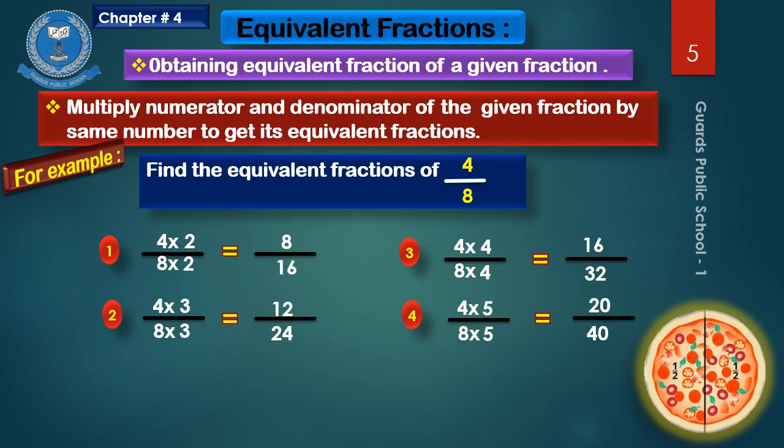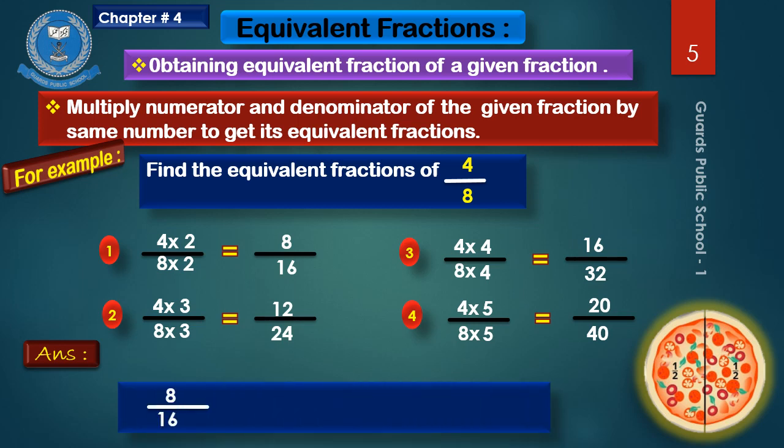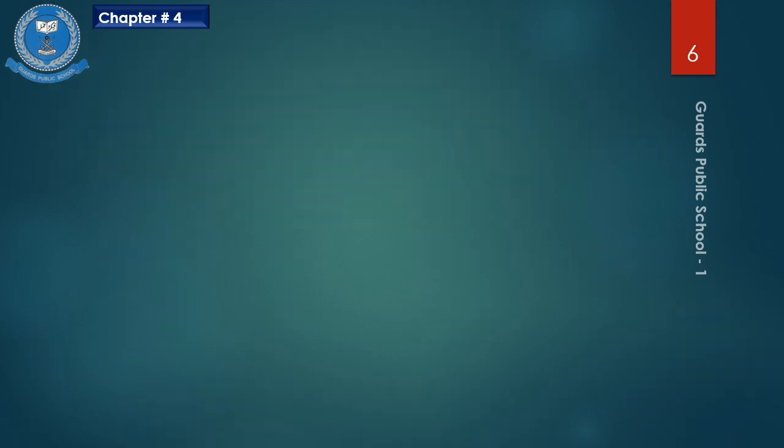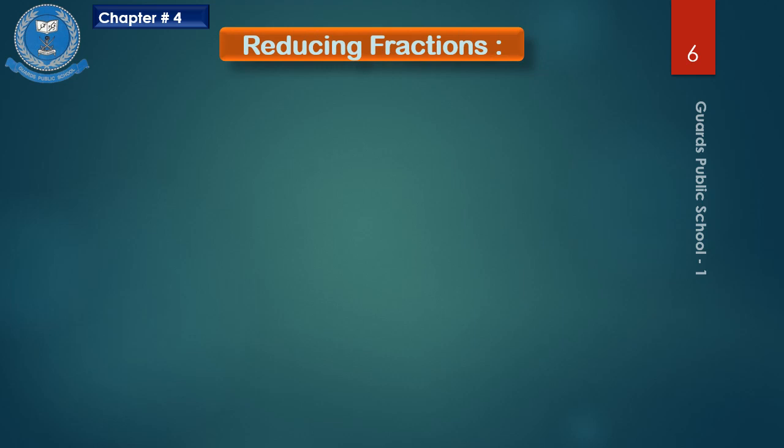The four equivalent fractions of 4 upon 8 are 8 upon 16 is equal to 12 upon 24 is equal to 16 upon 32 is equal to 20 upon 40. All the equivalent fractions look different but have the same values.